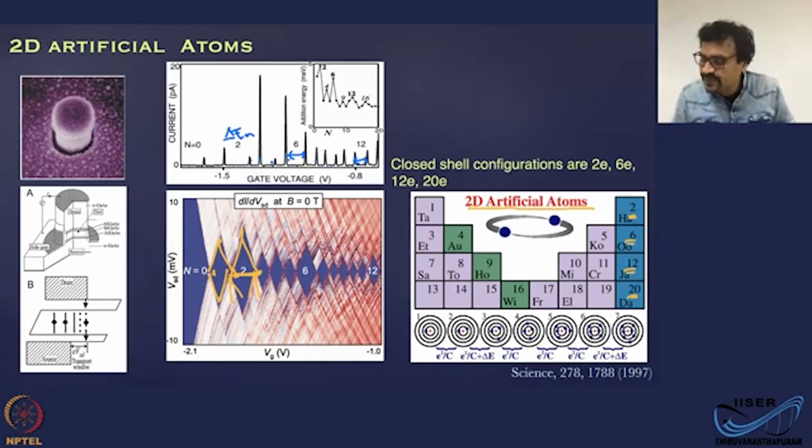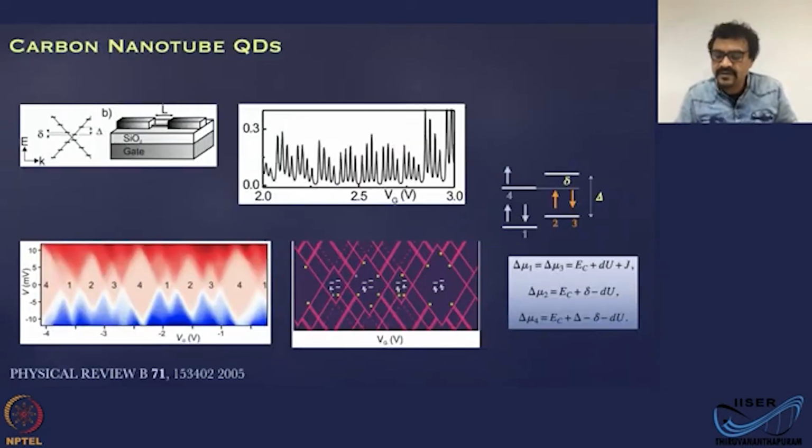Now, this is the case for an atom, a gated 2-dimensional circular shaped quantum dot or artificial atom. But as I told, the confinements are different for different kinds of quantum dots. For example, here you have a quantum dot which is made of carbon nanotube. The sketch of the device is here.